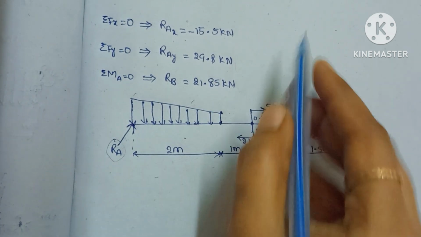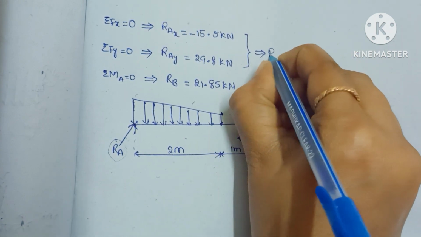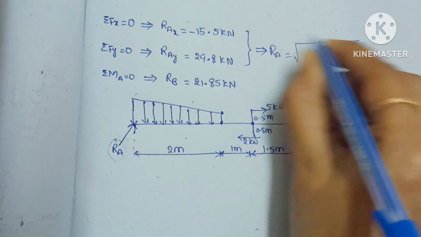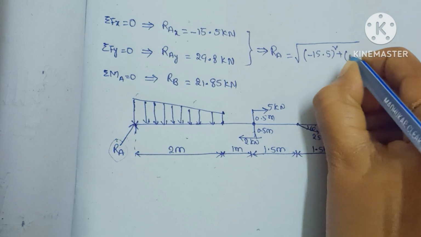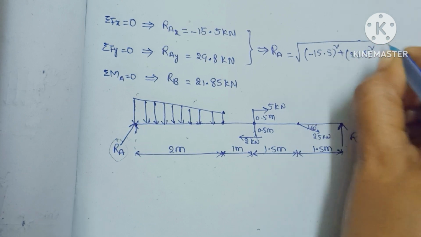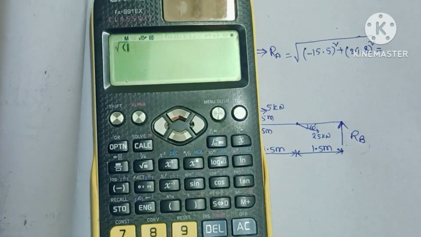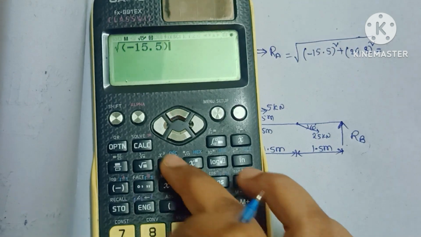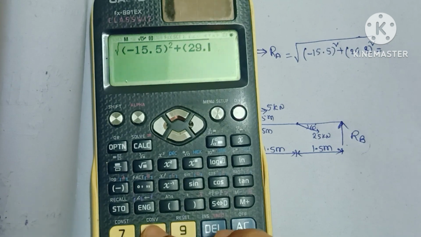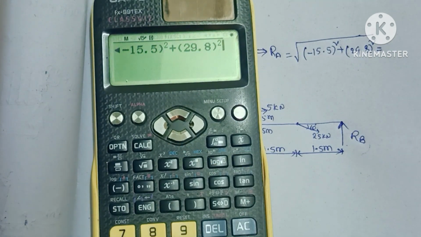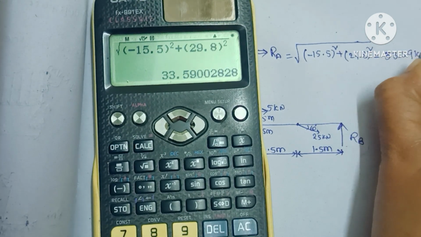First, from these two equations we have to find the resultant force, that is RA equal to the root of RAX whole square, that means minus 15.5 whole square plus 29.8 whole square, which is equal to 33.59 kilonewtons.